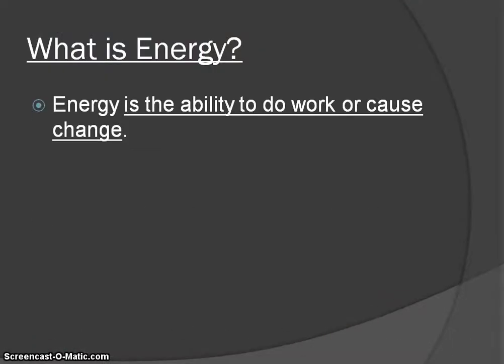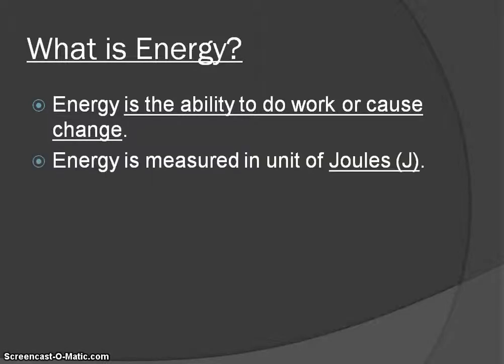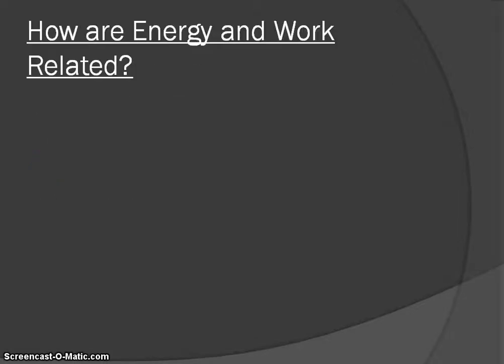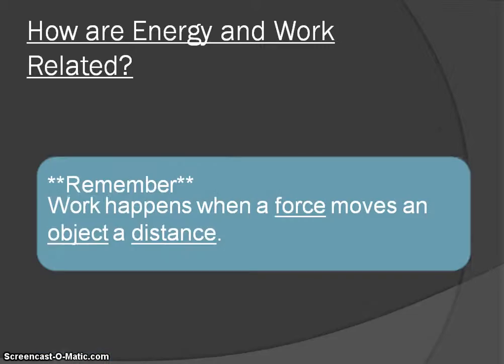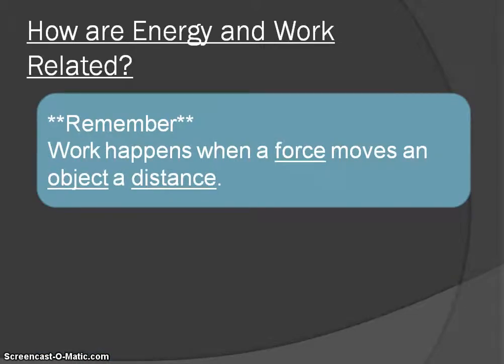Energy is defined in science as the ability to do work or cause change. And just like work, energy is measured in the unit of joules. And they're related in other ways too. Work happens, remember, when a force moves an object a distance.